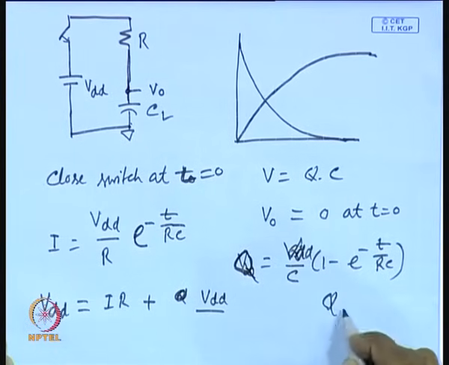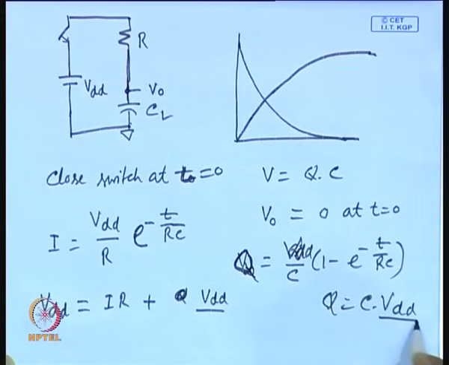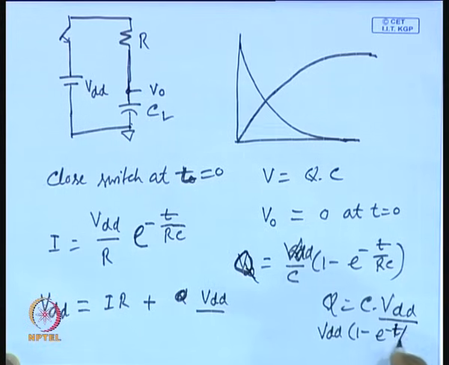Sorry, I have made an error: Q is equal to C into VDD. In this particular case it will be changing, and that will be equal to VDD into 1 minus e to the power minus t by RC.